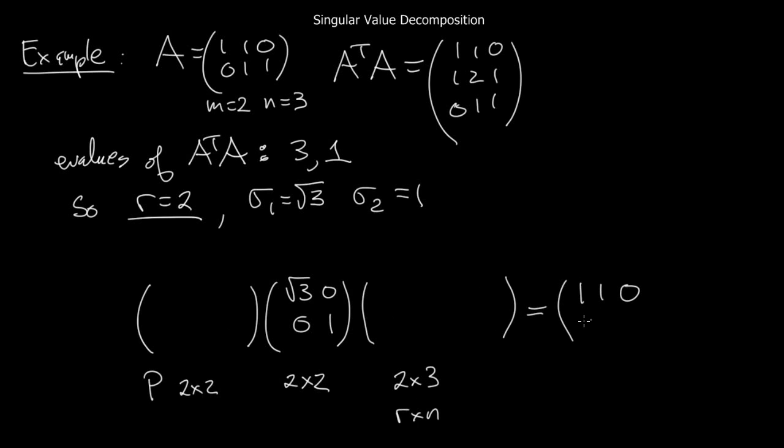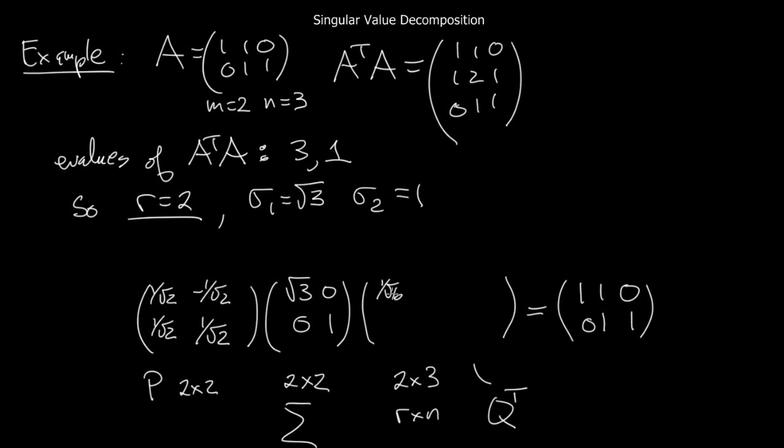And we're looking for a P and Q which make this true, and I'm not going to say how you compute these, but here's the answer. Turns out that P is this matrix, and this is the matrix sigma, and the matrix Q transpose is the following. It has some radical 6s in the denominator, and it looks like this.